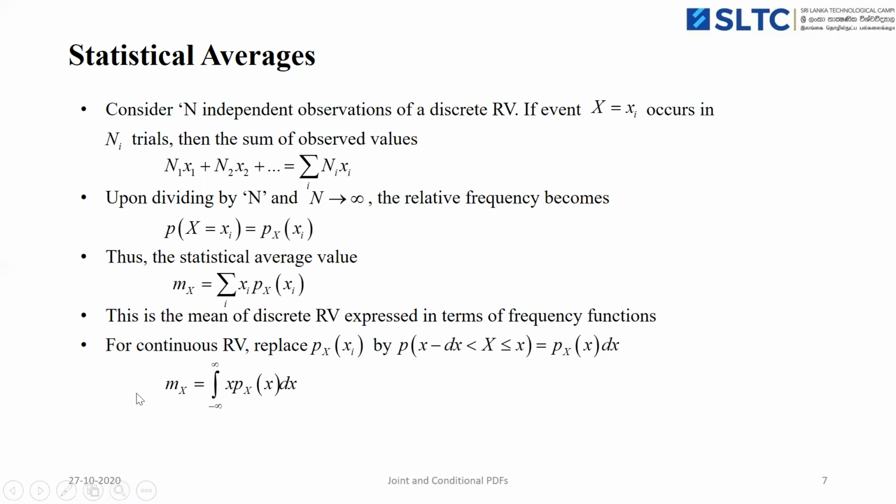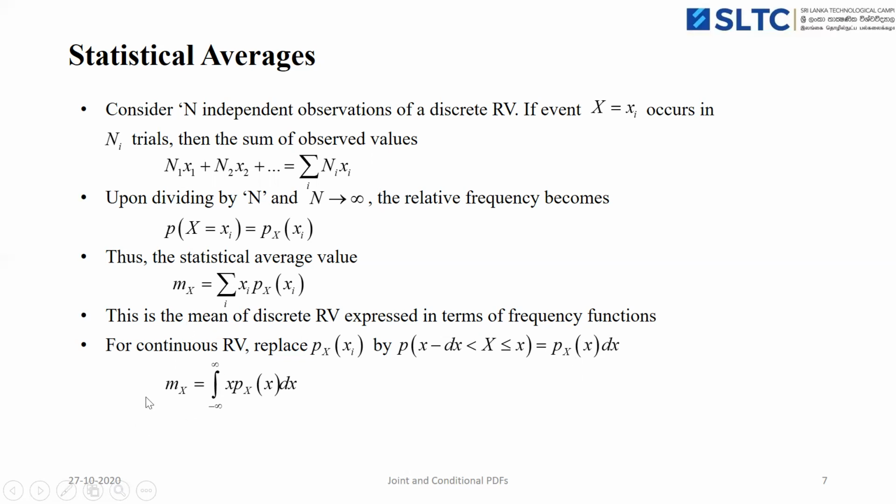Similarly, we can find the mean of a continuous random variable by replacing the PDF function by the differential area p(x) dx, because for a continuous random variable the event occurs within some range, from x to x plus dx.